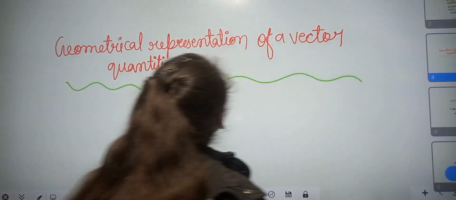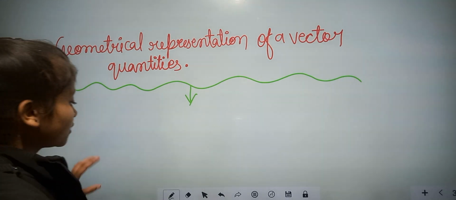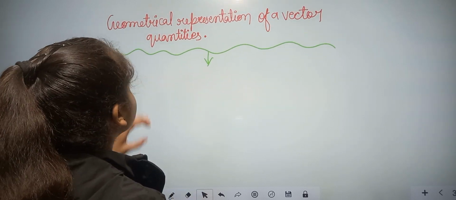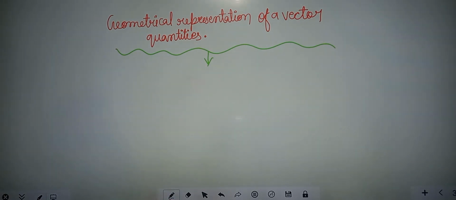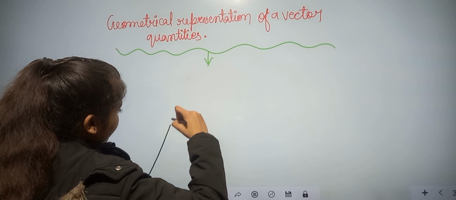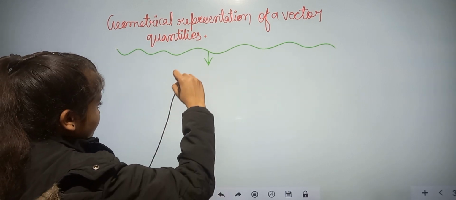And now we see how to represent vector quantity in the form of geometry, okay. So let's see. In the form of geometry, it means a line, ray, okay.